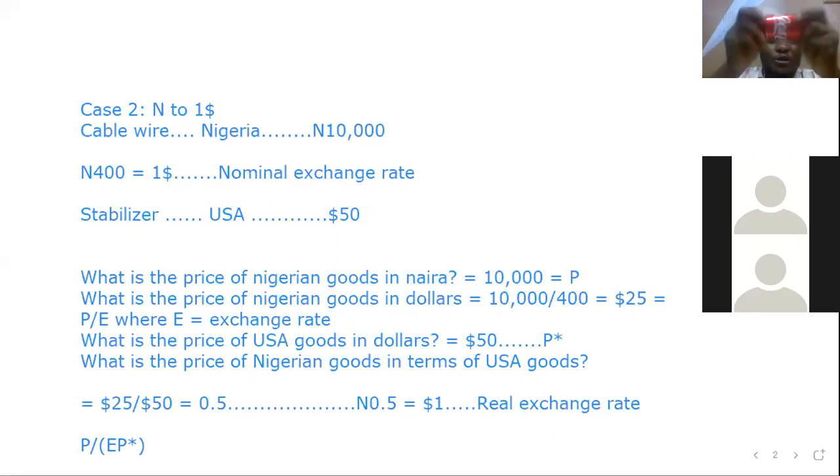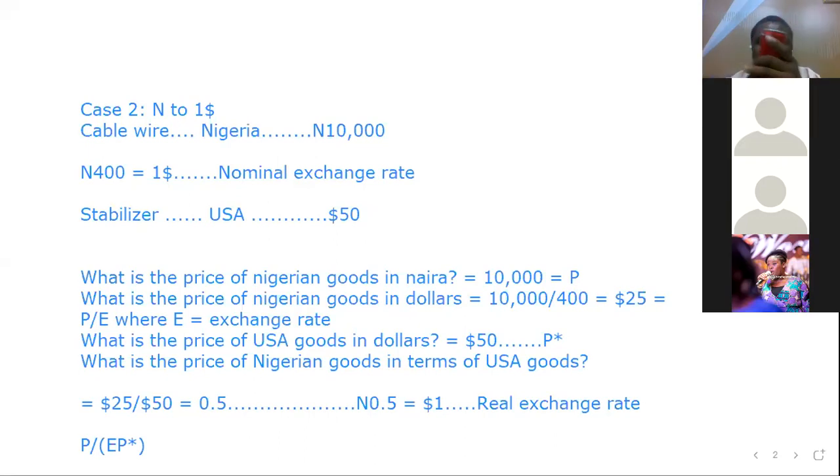So this Nigerian goods, let me assume this is cable, this cable wire, is 10,000 naira here. But if you take this 10,000 naira in America, it is $25. In that goods I want to exchange, remember, I want to exchange this cable for stabilizer.